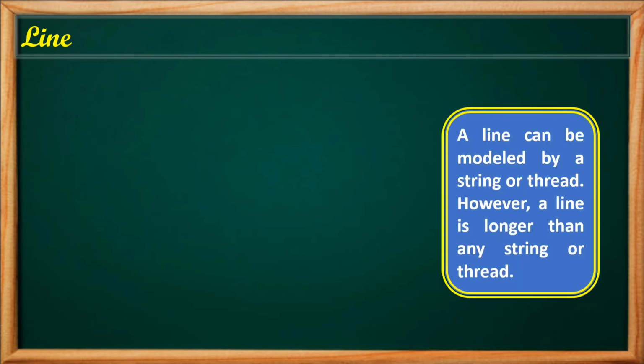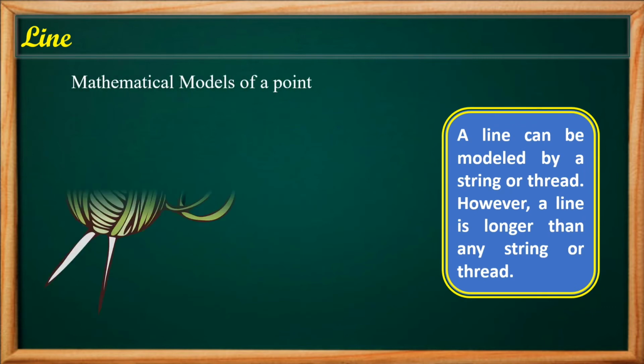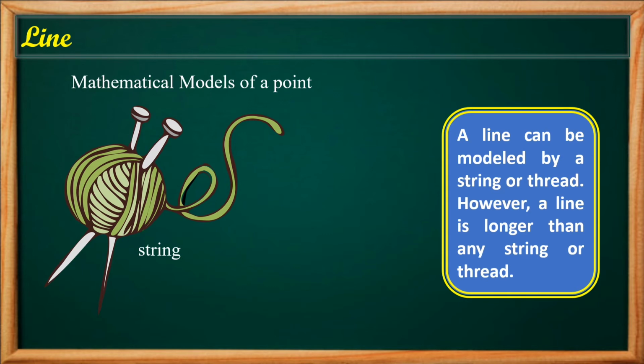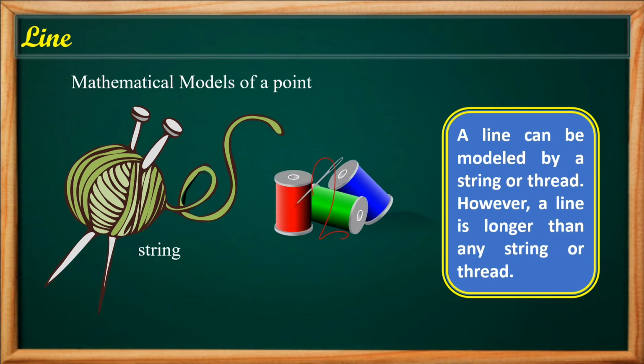Now, a line in a mathematical model, we have here the string. Pwede siya kahit gaano kahaba yung string, it represents a line. Now, the thread, it also represents a line.